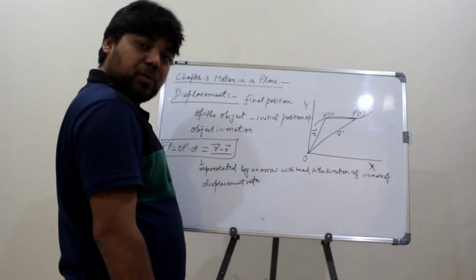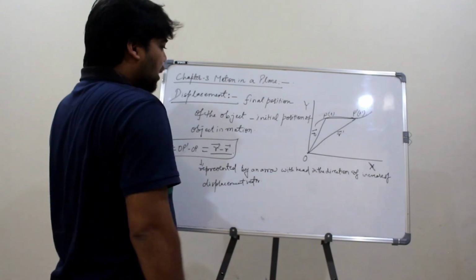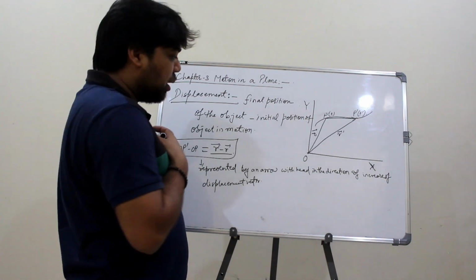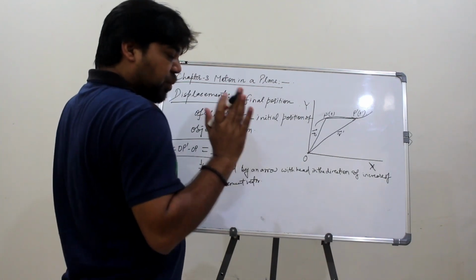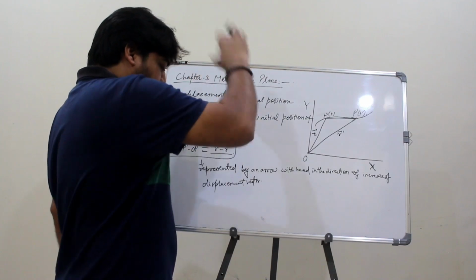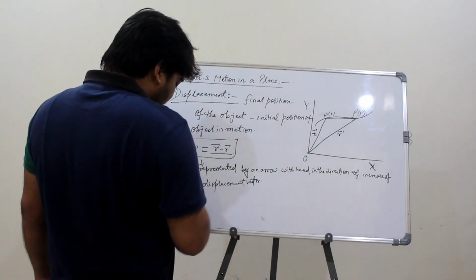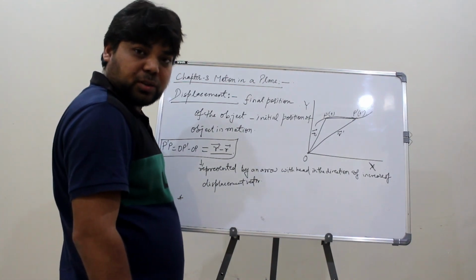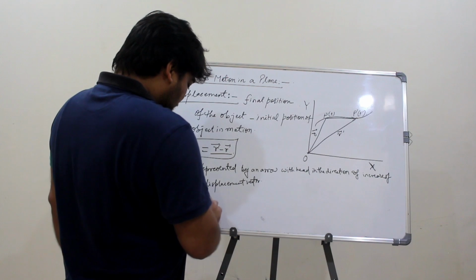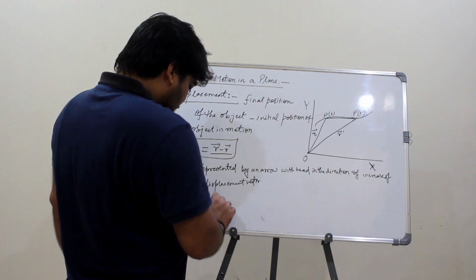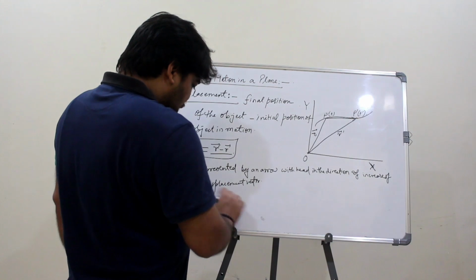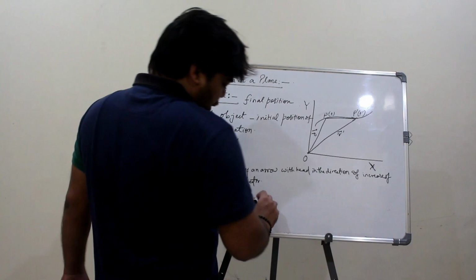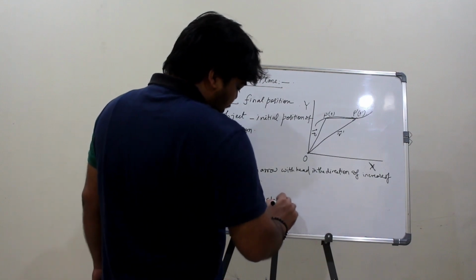Now this is one simple case. Now we will try to understand displacement in more detail. Remember one important aspect which I already discussed in the last chapter. I am again writing: the displacement is not the same as distance. The magnitude of the displacement is always less than or equal to the distance traveled by the object.